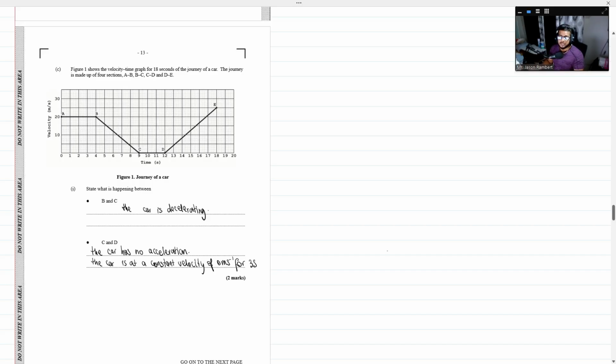Now I could have said the car is at rest, right? But I want to be a little more fancy and show them that I know that a straight line is constant velocity.